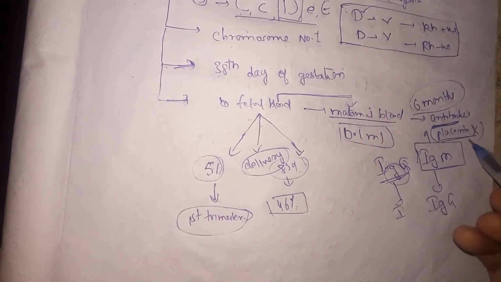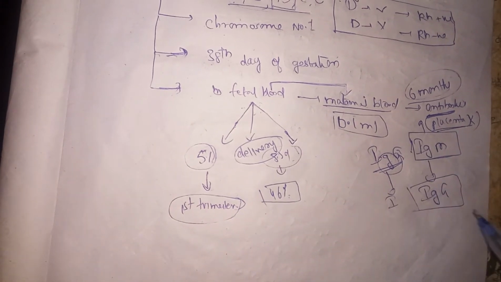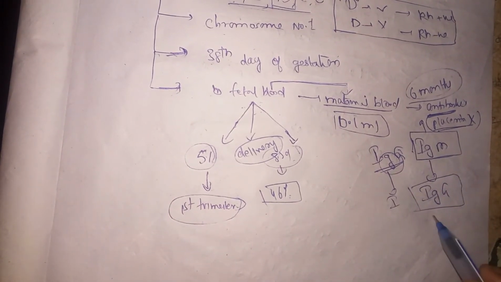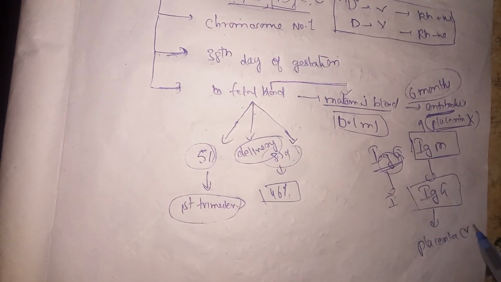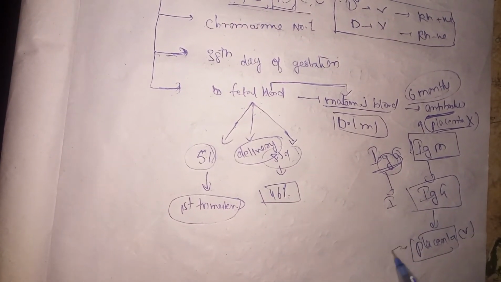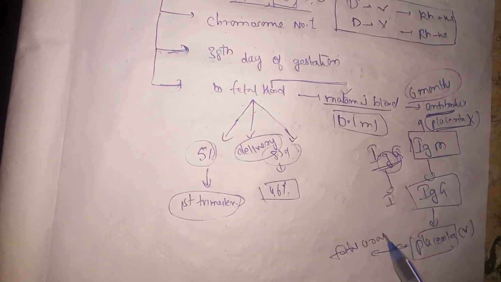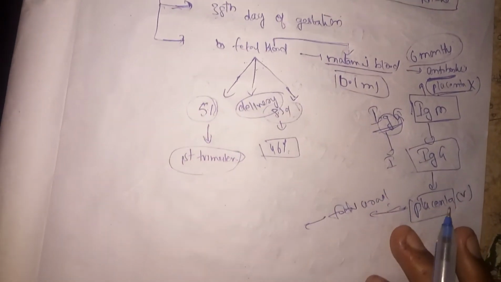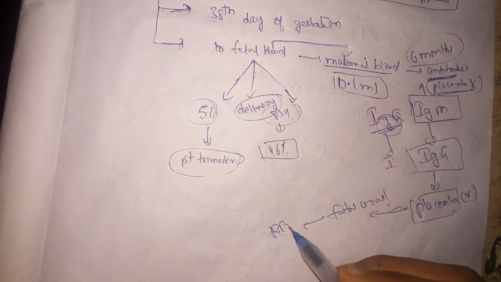These IgG antibodies, which are formed later than IgM antibodies, can cross the placenta. When they cross the placenta, they reach the fetal circulation. On reaching fetal circulation, they destroy the Rh antigens present on the RBC.